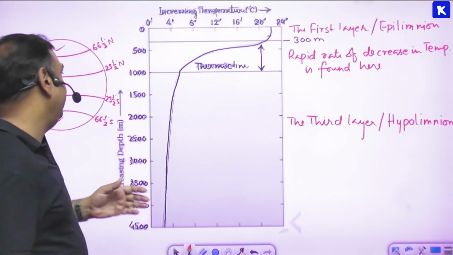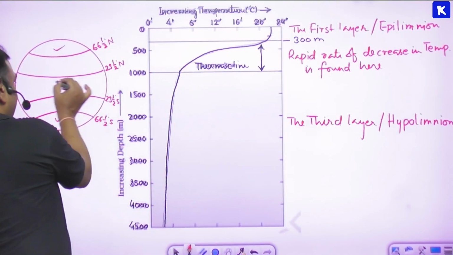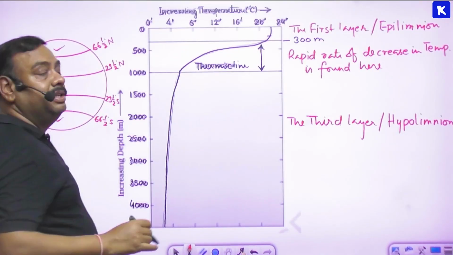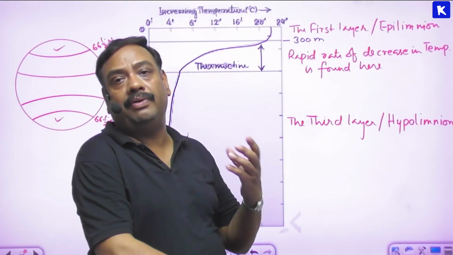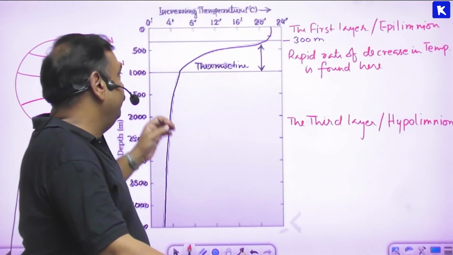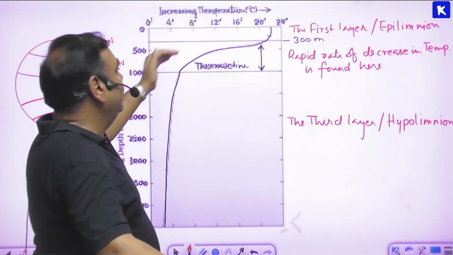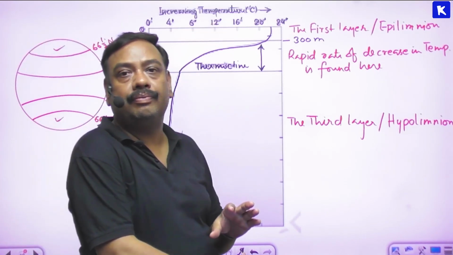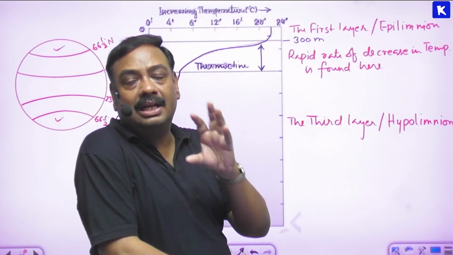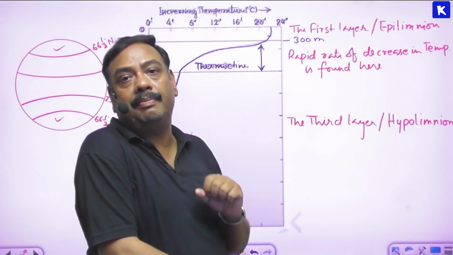observe the same thing, that it is the low latitudinal region which receives the maximum amount of insolation, the maximum amount of heat energy, so due to this, the transmission of heat energy is taking place in a very significant manner.